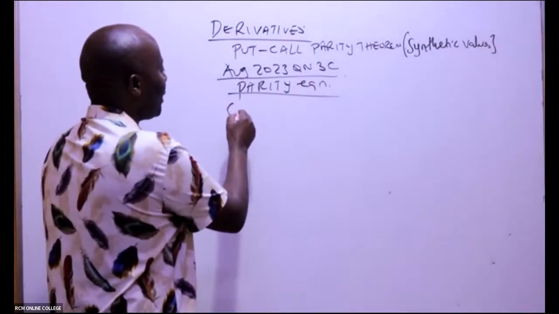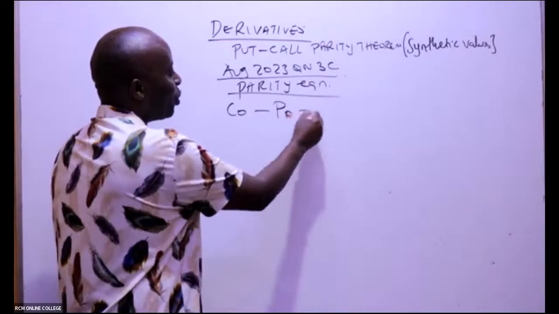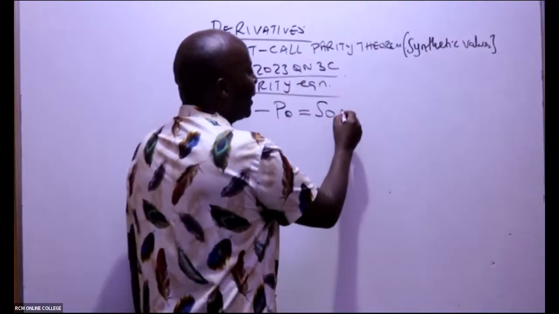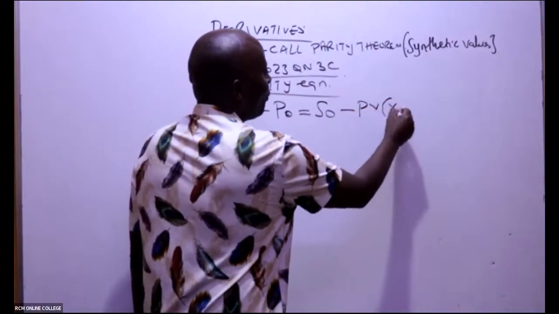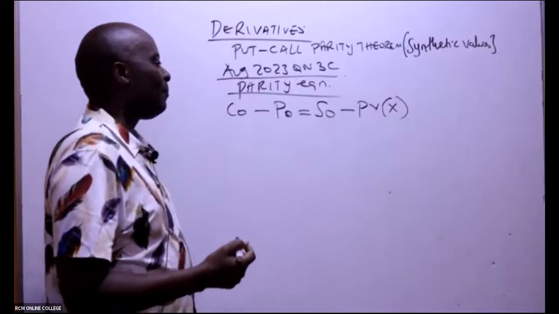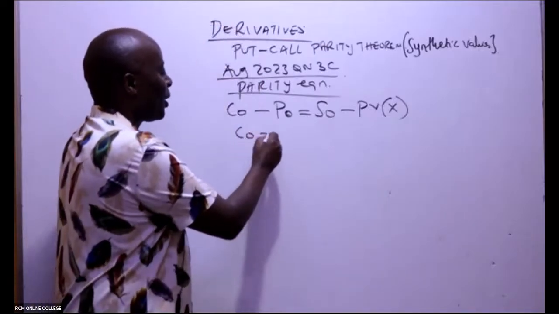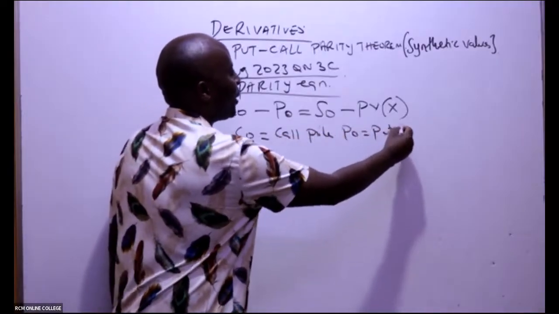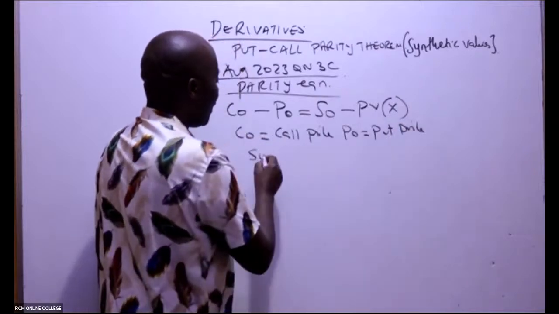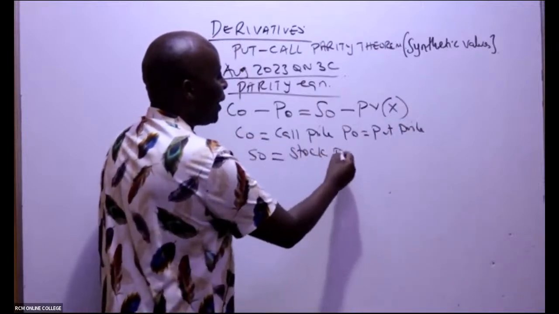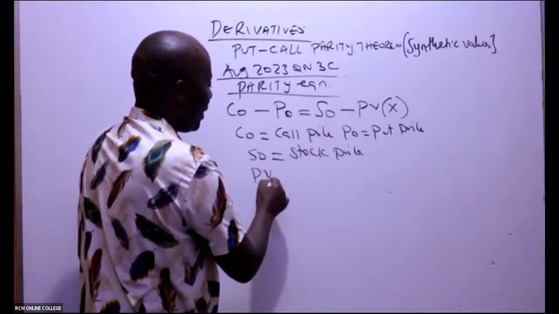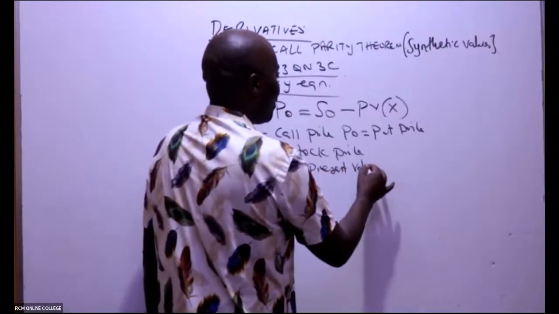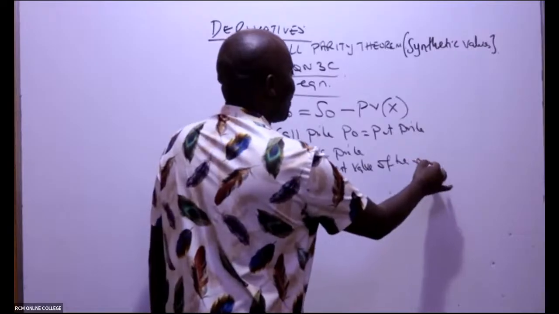We normally say, in this case, call option minus put option will always be equal to the stock value minus the present value of the exercise price given. So remember, CO is the call price, PO is the put price, SO is the stock price, and PVX is the present value of the exercise price.